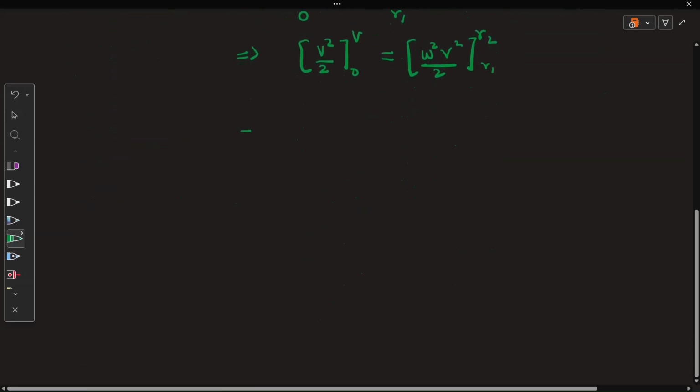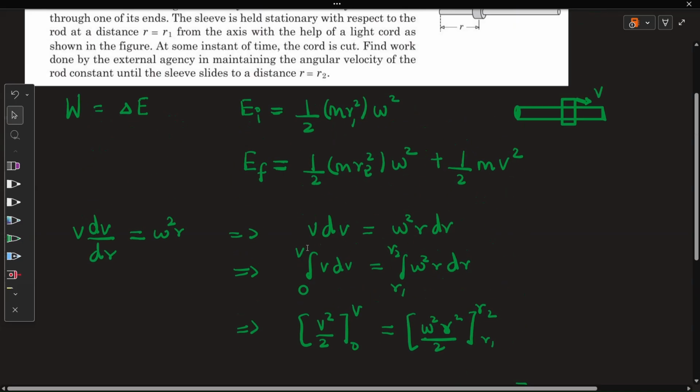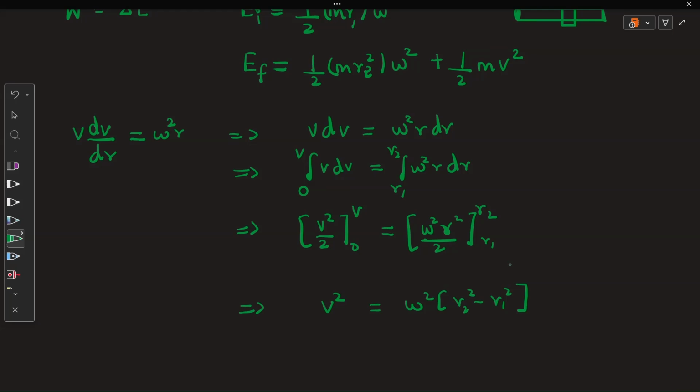So this implies v square is omega square into r2 square minus r1 square. I have to substitute this value out here.